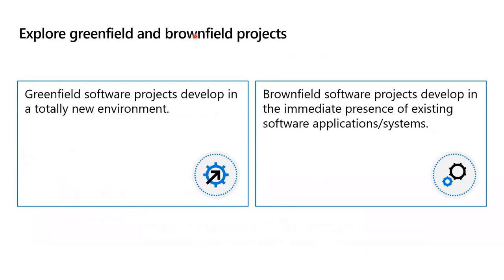Maybe the project is not using a version control system, maybe the project is a monolithic application, maybe the project is not using pipelines, it's not using automation. So definitely, we start from an existing project in order to apply all of these principles. In contrast, with a greenfield project, you are going to start from scratch.